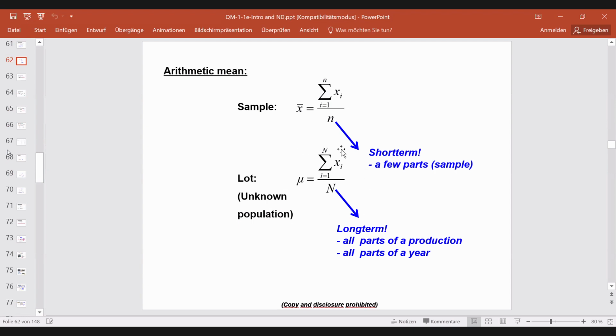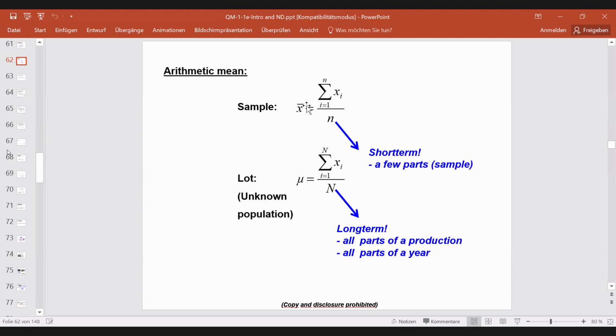If you take all the parts of 1 year, this mu is the same. It's about every part. So this is the real mean value. But the problem is you cannot measure it because measuring all the parts would be much too expensive.